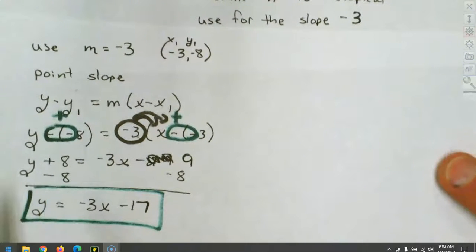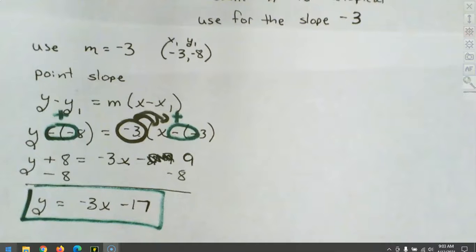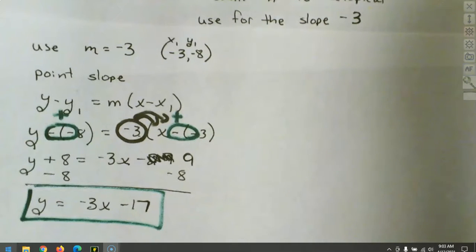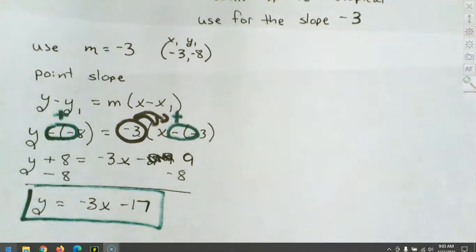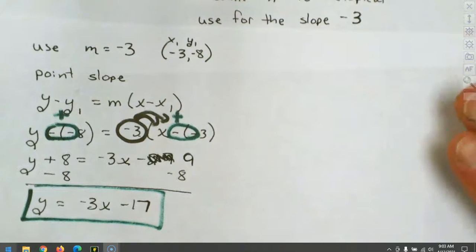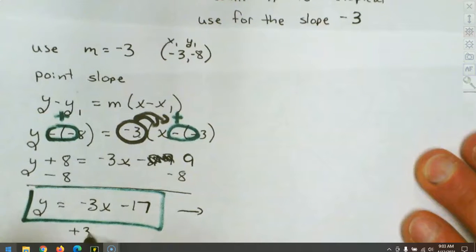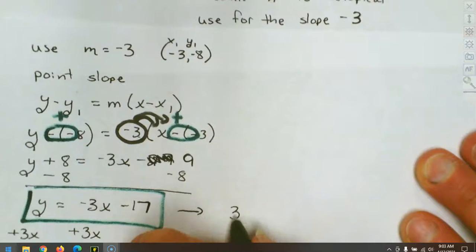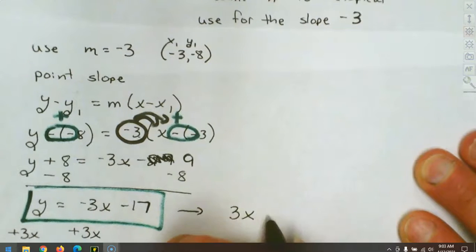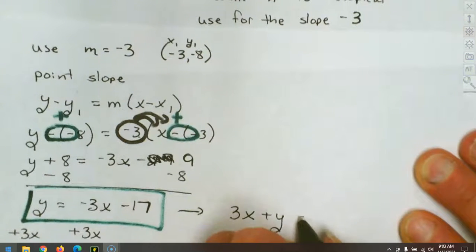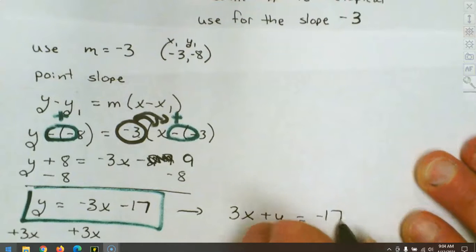And that is your answer in slope-intercept form. Now we also need to make sure that we get this in standard form. So we have it in slope-intercept. How do we get this in standard form? Well, to get it in standard form, we move that 3x over. And now in standard form, we've got 3x plus y equals a negative 17.